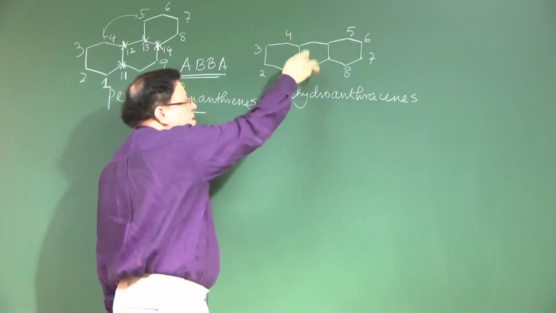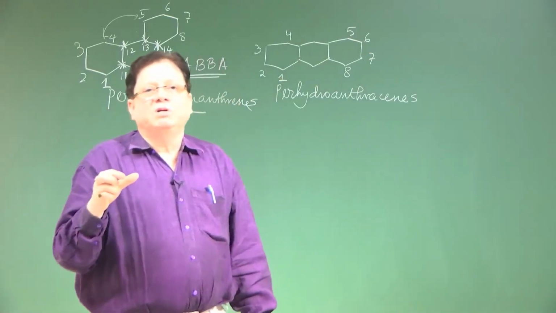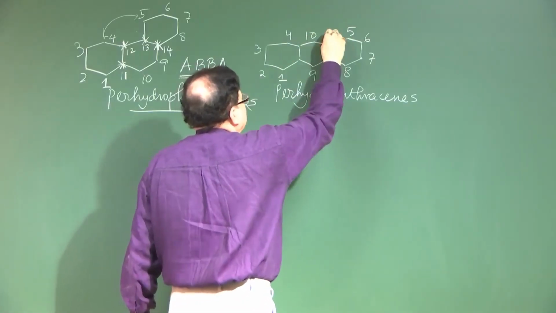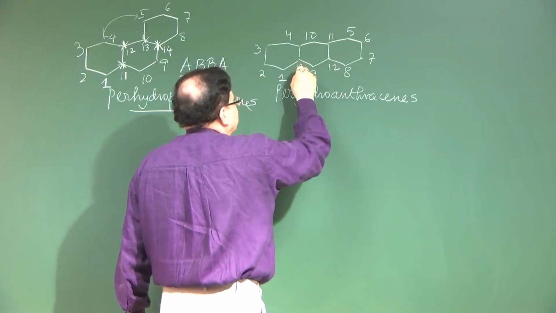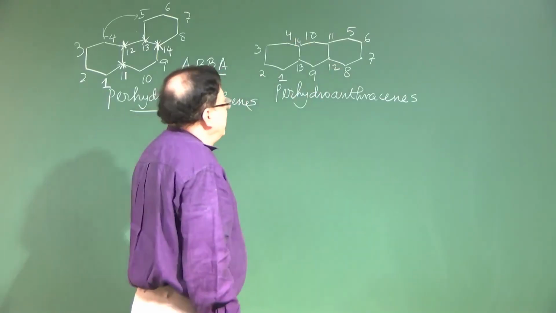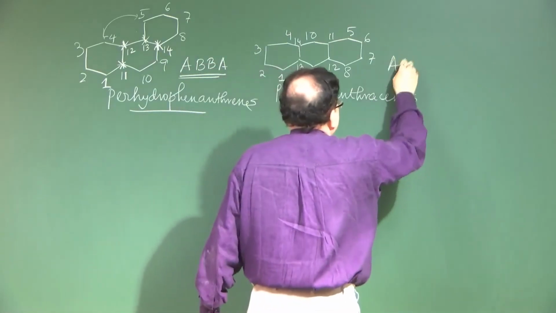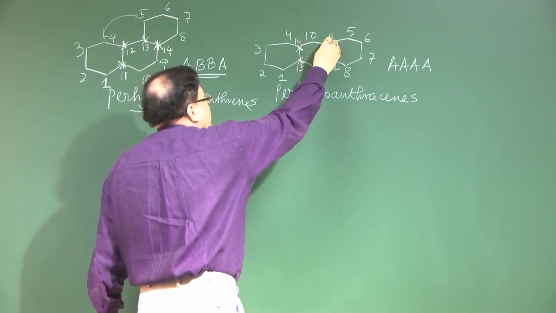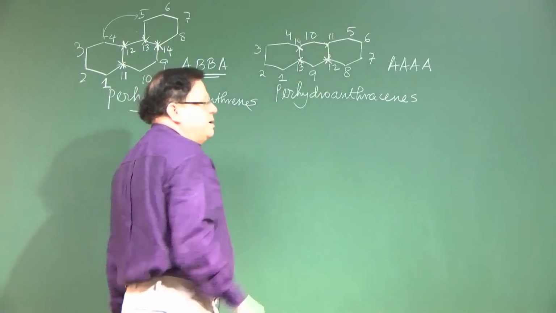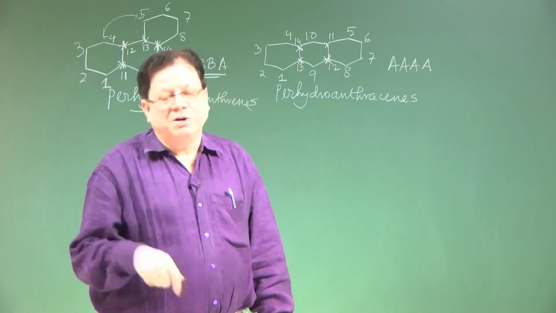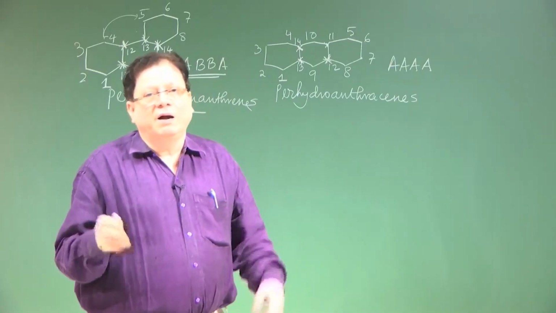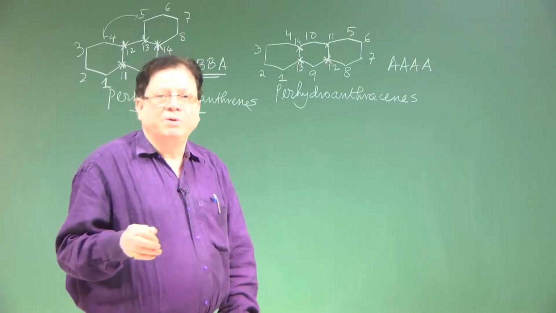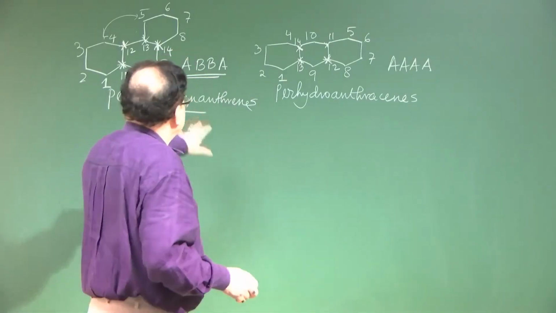You know that in anthracene, the middle ring positions are 9, 10. So, you have to satisfy that, 9 and this is 10, then this is 11, 12, 13, 14. But this will be called an AAAA type, because C11, 12, 13, 14 are the sp3 stereogenic centers, and here all the four have the same type of atoms connected to them. So, that is called AAAA type and this will be ABBA.